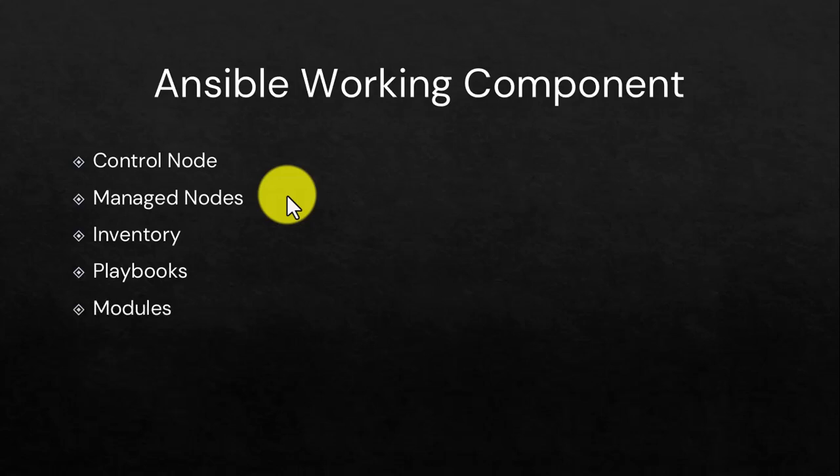Modules are small pieces of programming code that help Ansible execute a single task. Ansible has a lot of different modules for different platforms that help Ansible work across multiple platforms easily.